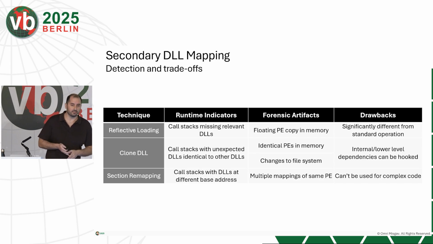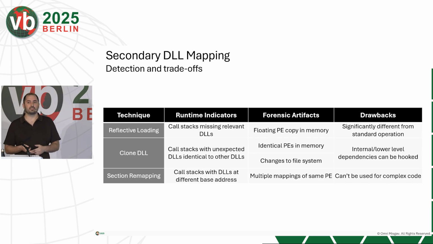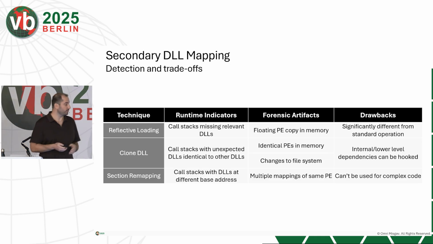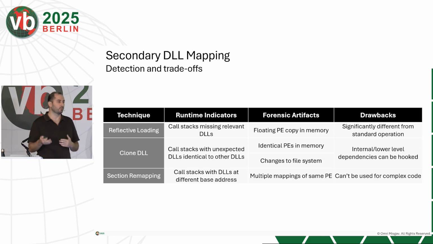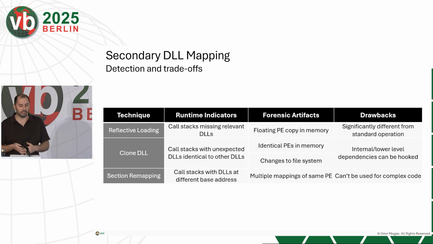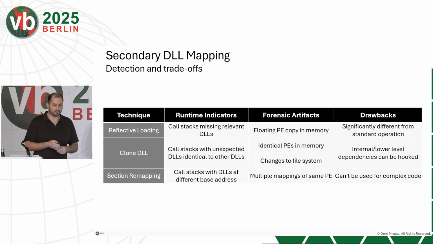During forensics work, if you capture a snapshot of the process, you can also pick up on this class of techniques, as you can see here. You can go over and find floating PEs in memory, or go over the PEB and correlate for duplicates and things like that.